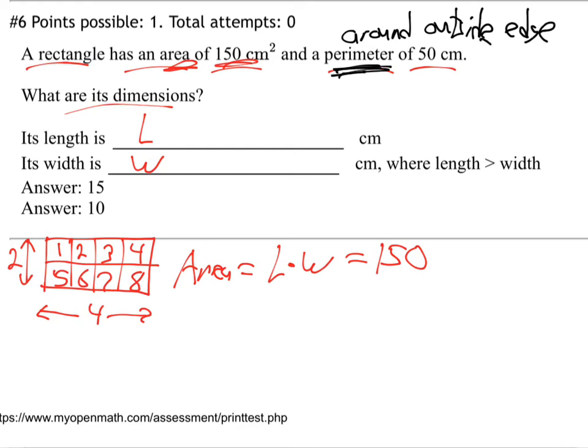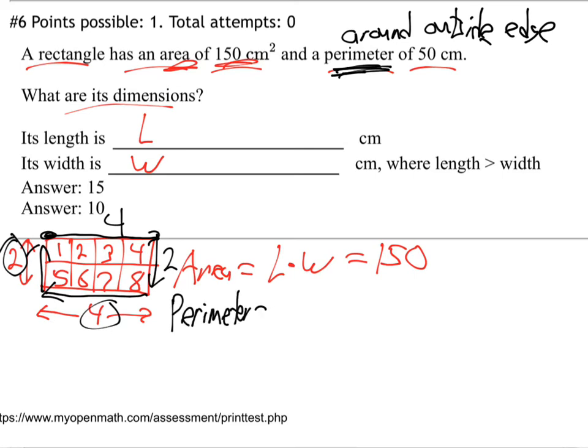That's what perimeter of an object means. So right here, how far is that? That's 4. How far is that? 2. 4, 2. So it's 4 twice and 2 twice. Perimeter is 2 lengths plus 2 widths, and they're telling us that is 50.